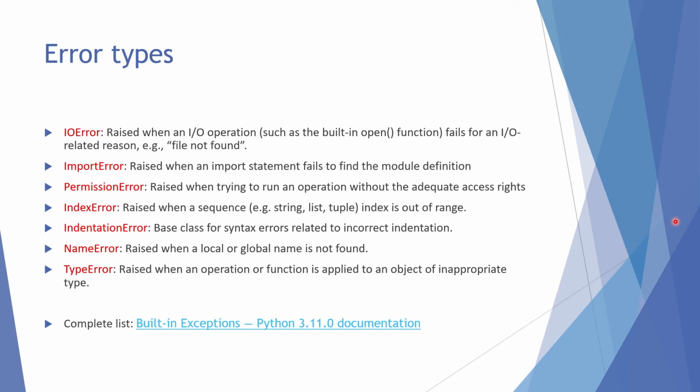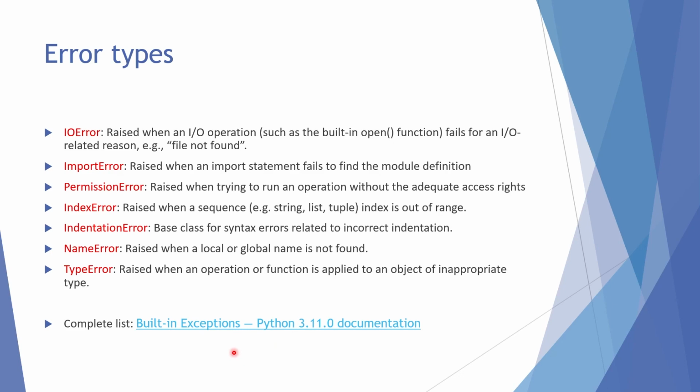We have different error types. So we have input output errors, for example, when this file does not exist. We have import errors when there are errors importing modules, permission error, index error when we try to access, for example, a list with an index which is too high, indentation error, name errors, type errors. There are a lot of errors here. Basically there is a link.